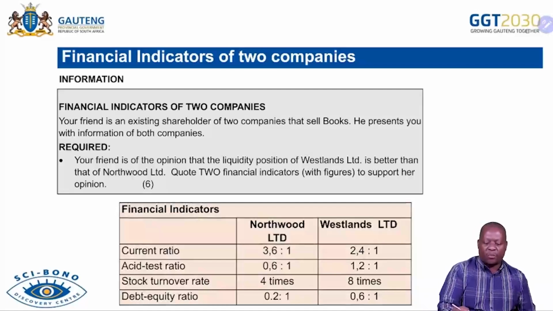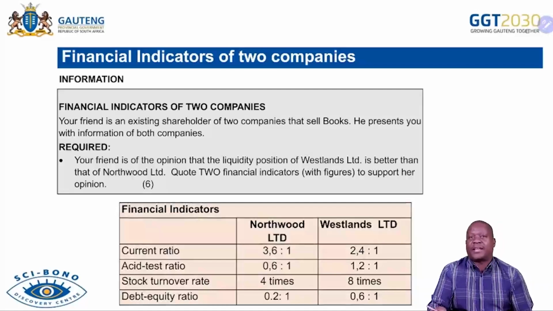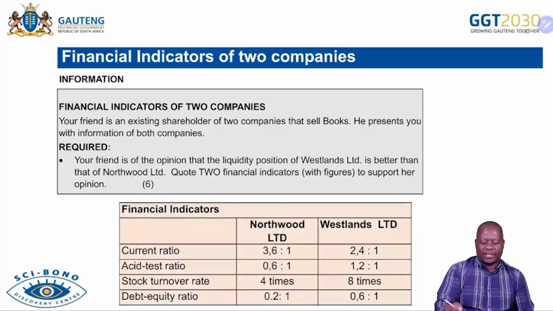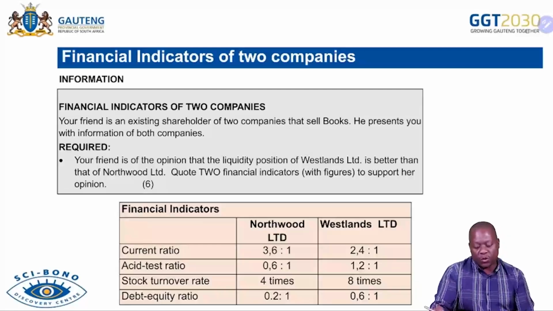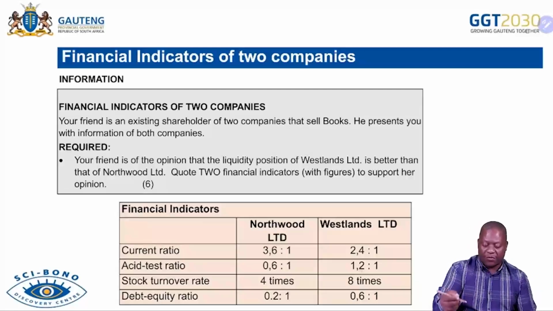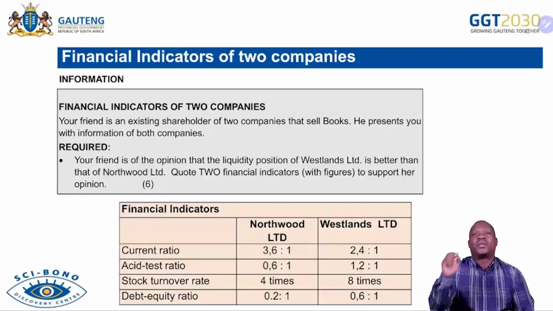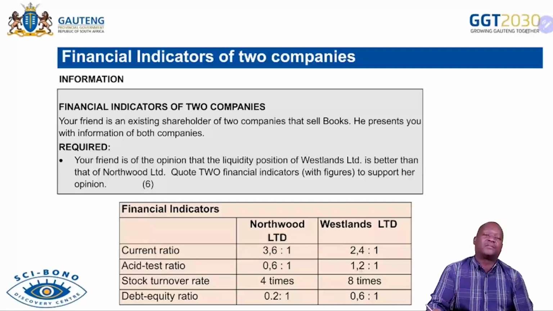Inventories. So in short, what does that mean? When we take the 2.4 for Westland, the 2.4 in the current ratio, and we subtract the 1.2 in the acid test ratio, we are going to remain with 1.2. That 1.2 represents what? Inventories.